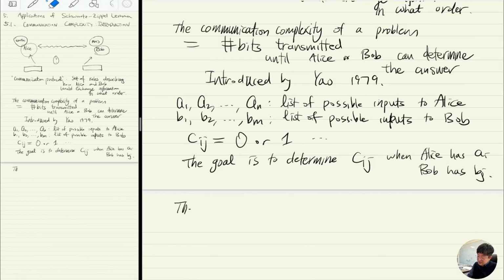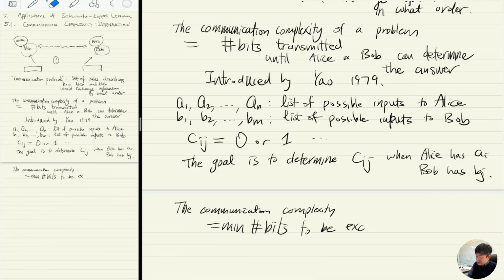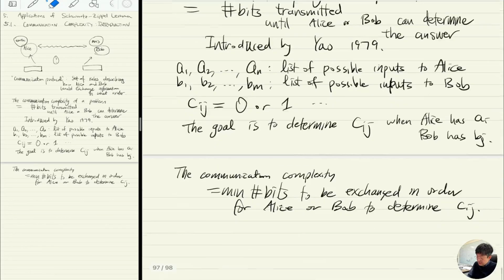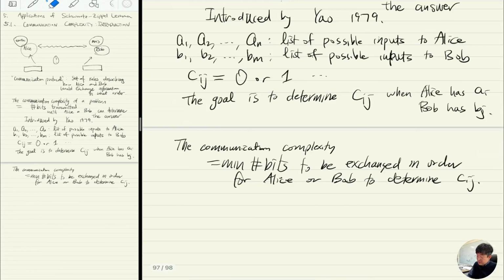So the communication complexity is the minimum number of bits to be exchanged in order for Alice or Bob to determine Cij. So we need some notation.